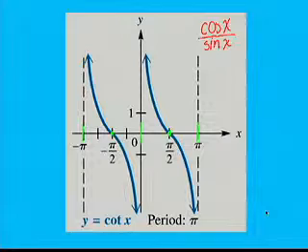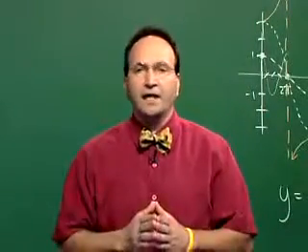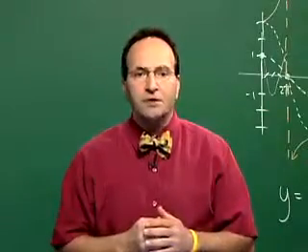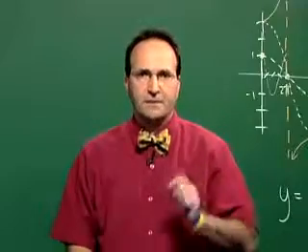So we know that it will have a positive value in quadrant 1 because cosine and sine are in fact positive, but in quadrant 2, which would be from pi over 2 to pi, we know that the cosine is negative and the sine is positive, so cotangent will be negative. And again, the cotangent has a period of pi, there is no particular amplitude, and it displays odd symmetry.